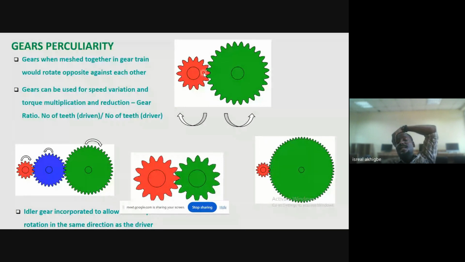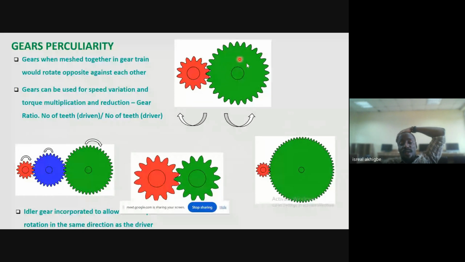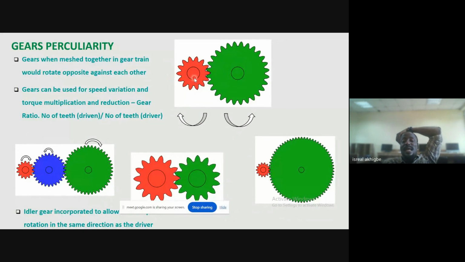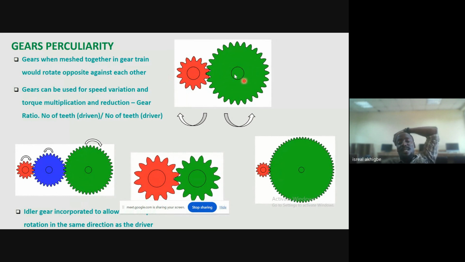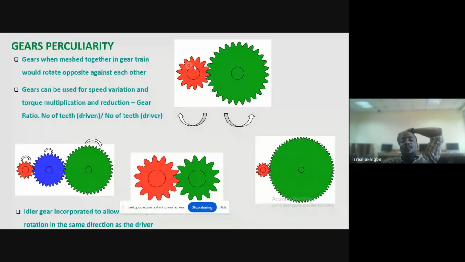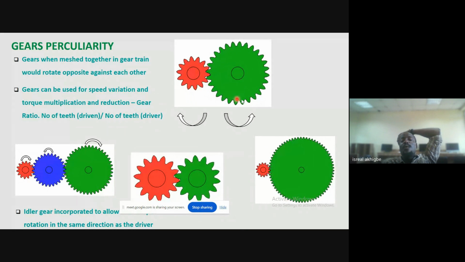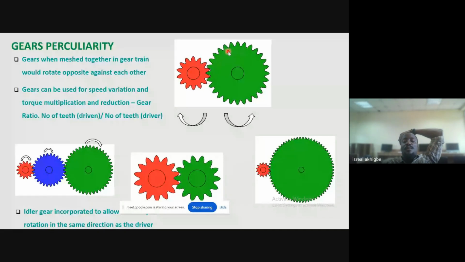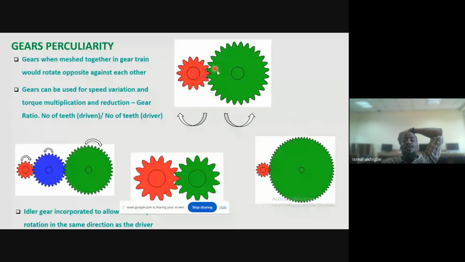So if this smaller one is the driver, it is the one sending motion to this big green one. On our driven, which is this green one, you will have a slow speed, because before this one finishes rotating 2 or 3 times, this one is still struggling to rotate one complete revolution because it is bigger. The smaller one should have rotated like 5, 6 times or even 7 times. Why is it still trying to rotate once?